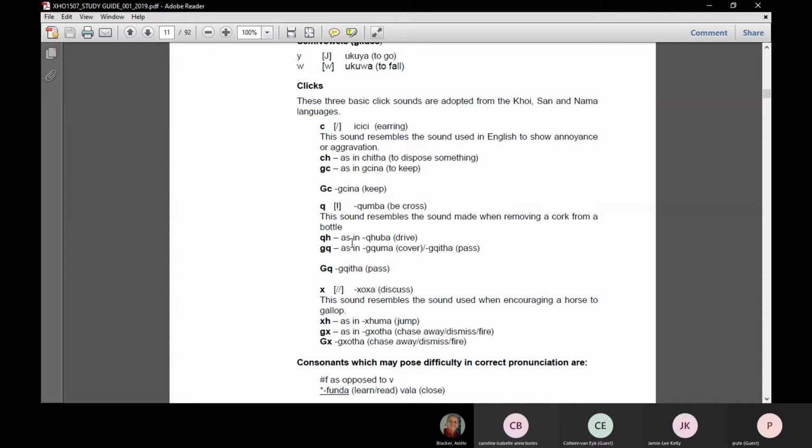But if G is not there and Q is there, the word has a click. For instance, qala, meaning start, or kuba, meaning drive. There's no G, only a Q, and the word still has a click. It's the same thing with GX and GC. The only real clicks are C, Q, and X.